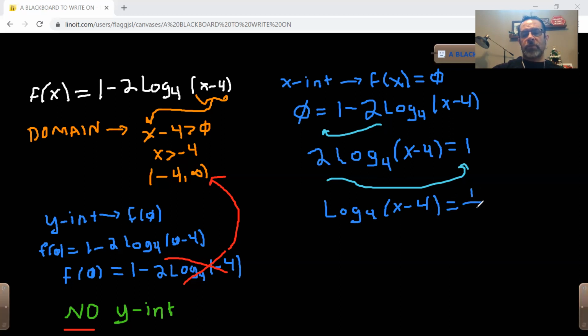equals 1/2. Okay. And so now let's apply the base. In this case, we've got 4 as a base.